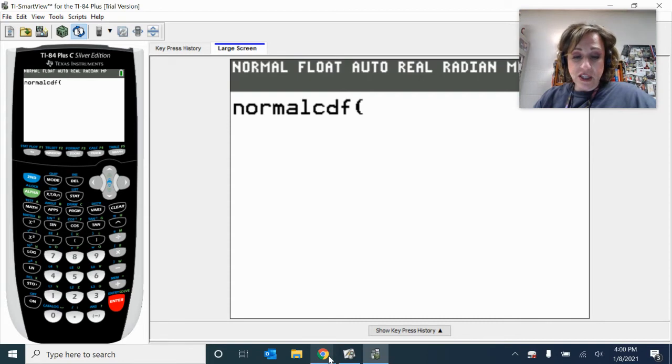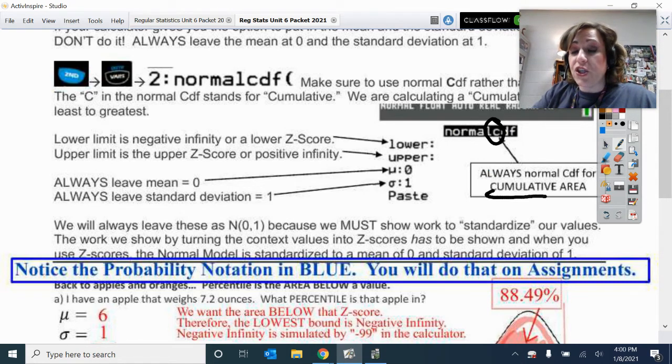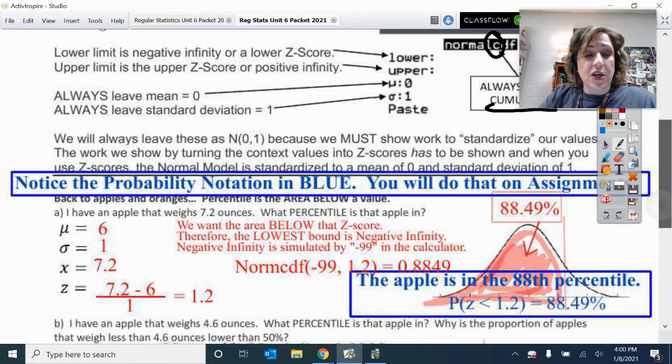All right, let's take a look then at our notes. What we want to do on our notes is use normal CDF, because that is always the cumulative area below where we're going. We will always use that, because we are standardizing the curve. So here we go. Here's the problem about the apples. We have a mean of 6.